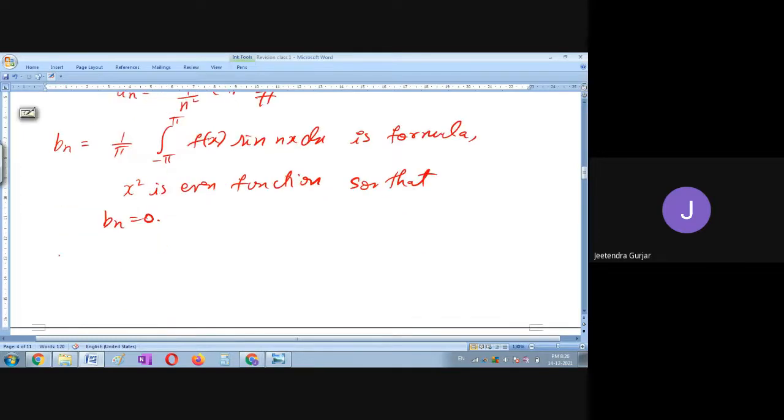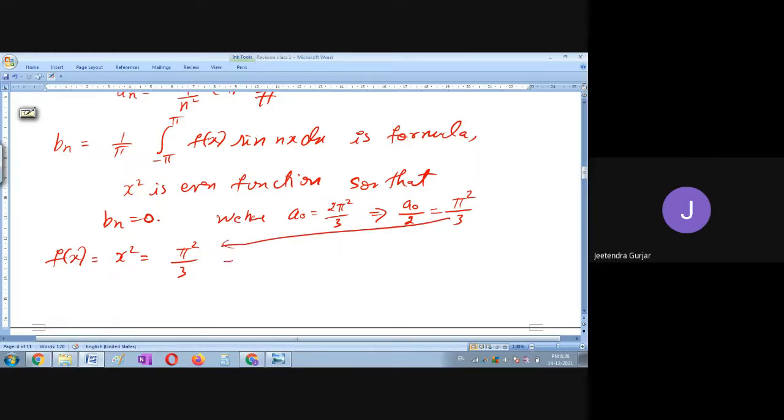Therefore you can quickly get like this: f of x is equal to x square, which is equal to pi square upon 3. We have already calculated a naught is equal to 2 pi square upon 3, therefore a naught upon 2 is equal to pi square upon 3. So I have written pi square upon 3 here.